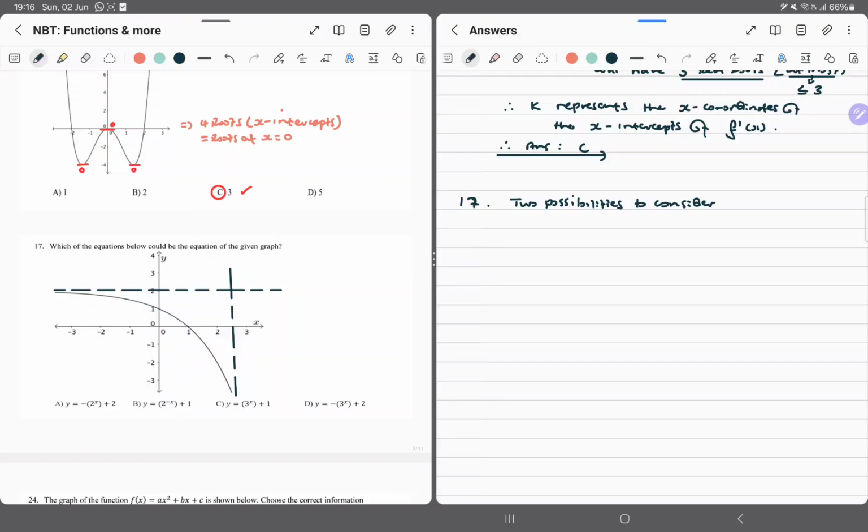This could be an exponential equation or exponential function. This is the exponential function. Okay? Or maybe, let's write this one first.